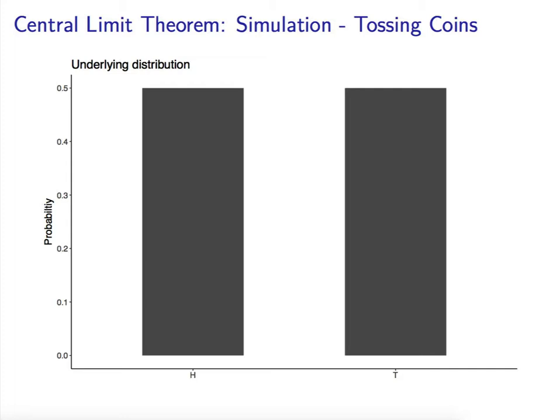The variance of the distribution of the coin toss is 0.5 squared, which is 0.25, and the standard deviation of our sampling distribution should be the square root of 0.25 over the square root of 30, since we're tossing 30 coins.